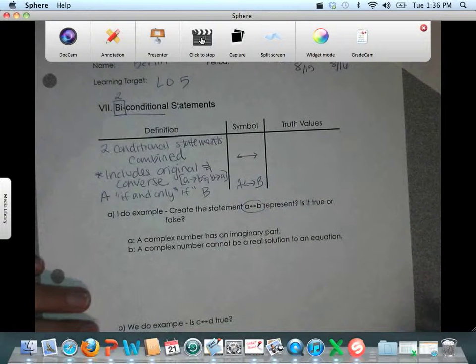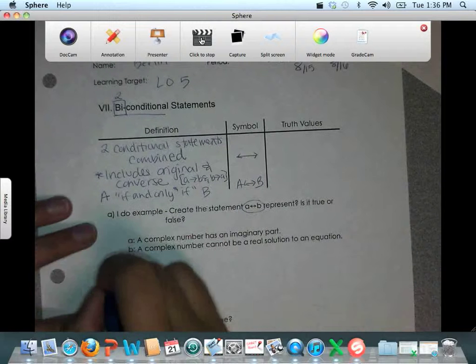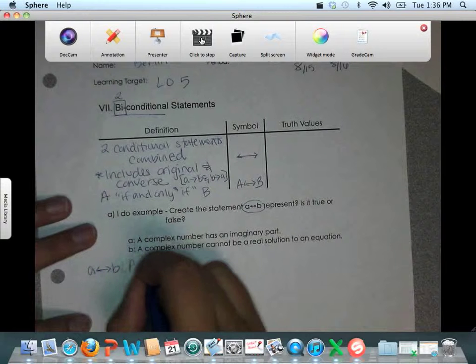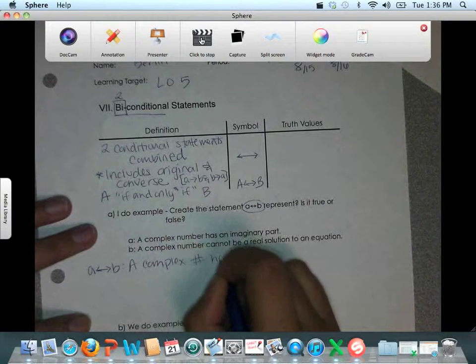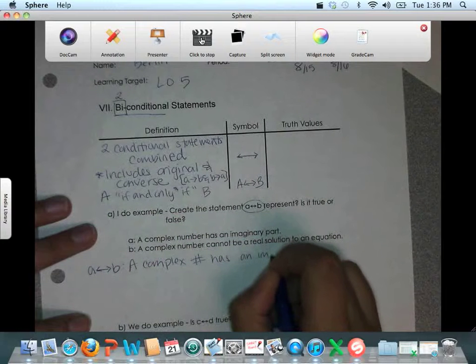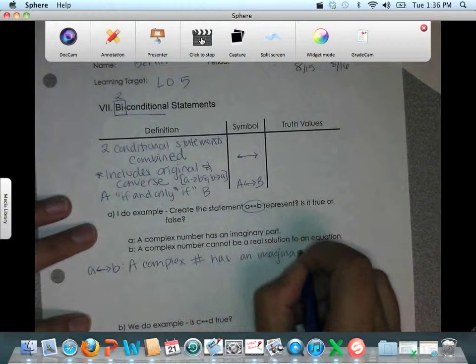So what I do is I take statement A: a complex number has an imaginary part.